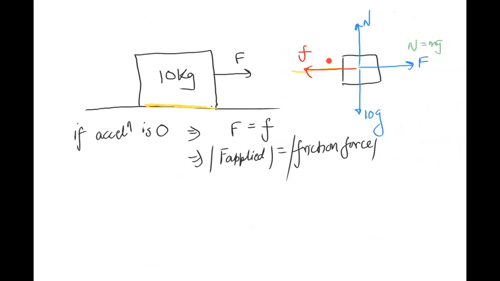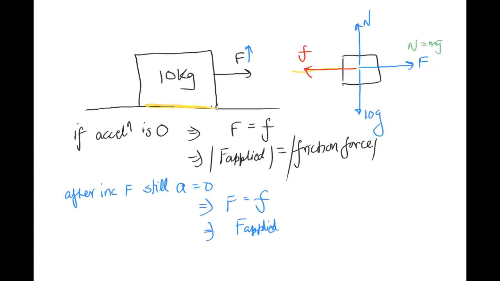अब मैंने फोर्स को इंक्रीज कर दिया, लेकिन अभी भी एक्सेलरेशन 0। So after increasing F, still acceleration is equal to 0। इसका मतलब F is still equal to f। इसका मतलब F applied का magnitude still equal to magnitude of friction force.